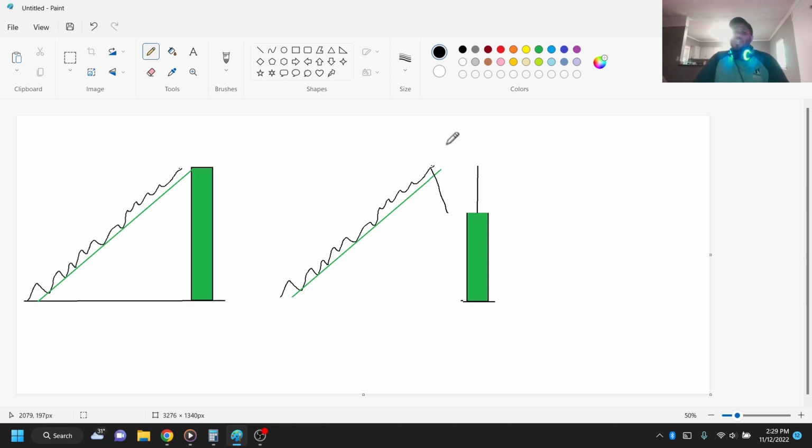So you're seeing a wick and you know there are sellers up here. There are sellers up here. Let me pay attention to what happens next. So this is what happens next. You get a bar that opens here. You get a bar that opens here. You get a bar that opens here.